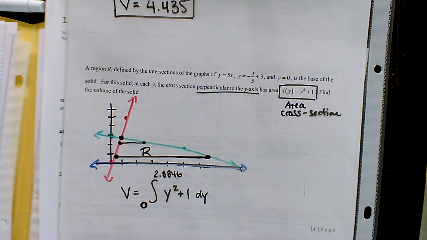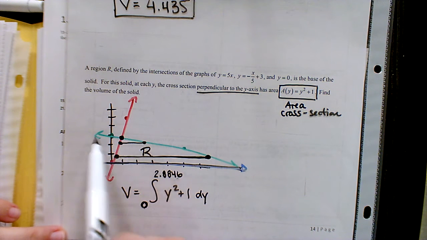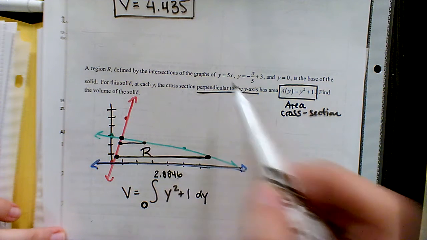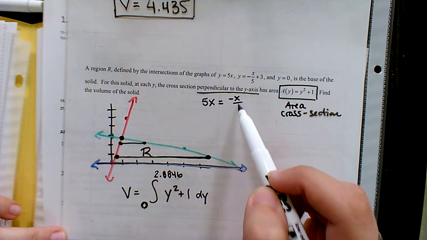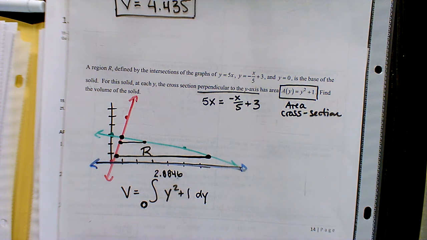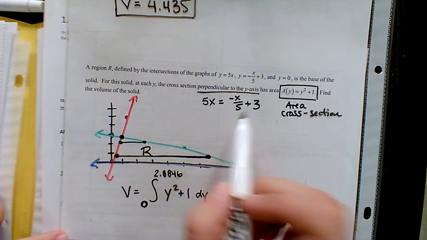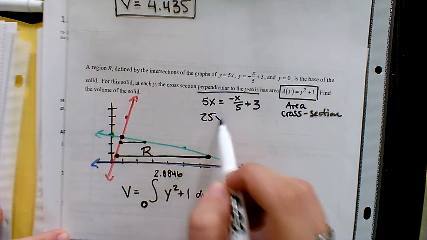Perfect. Could we figure out the intersection by hand? Yeah? Notice how we'd have to set this red equation and the green equation equal to each other. So that would be 5x equal to negative x over 5 plus 3. Okay? So you could work through that by hand. If I did that real quick, I don't like dealing with fractions, so I'm going to multiply everything by 5.